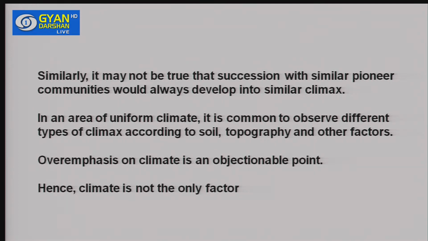Therefore, the main problem with the monoclimax theory is that Clements has overemphasized climate as a parameter to explain the concept of climax. And therefore, people later suggested that you cannot regard or describe climax solely on the basis of climate as a parameter.